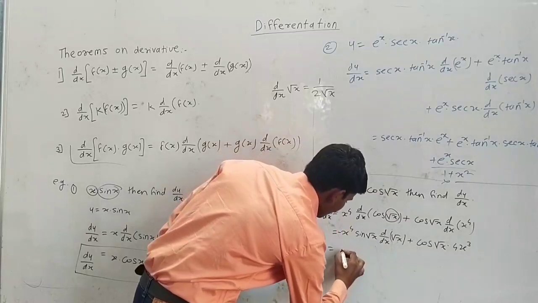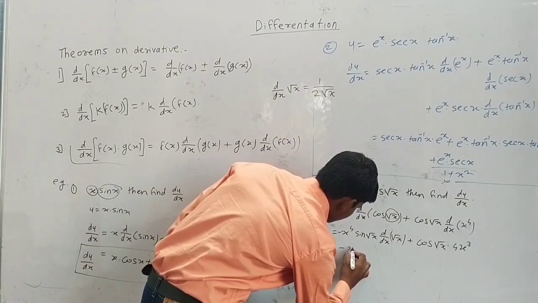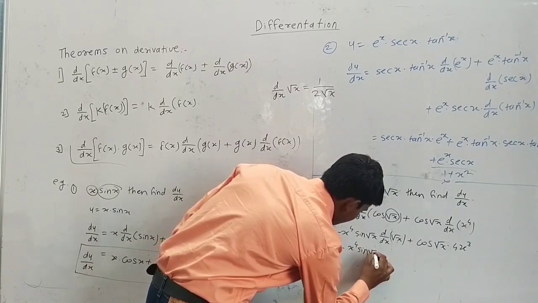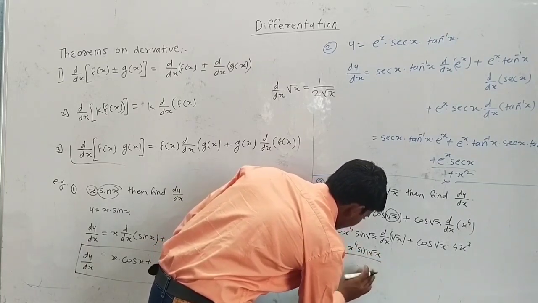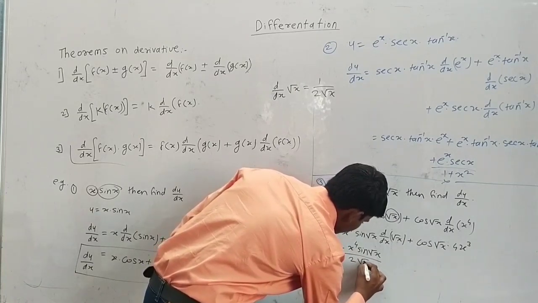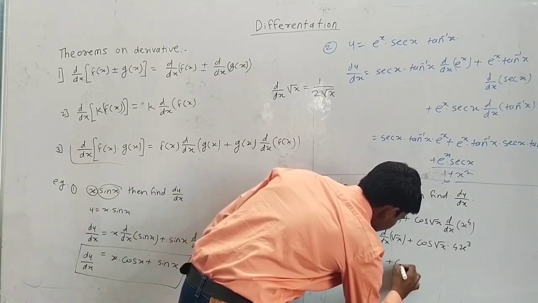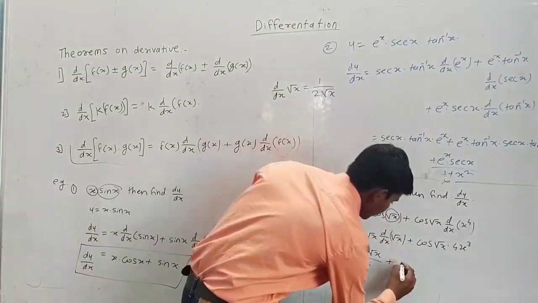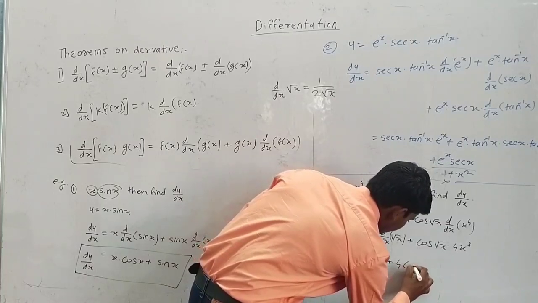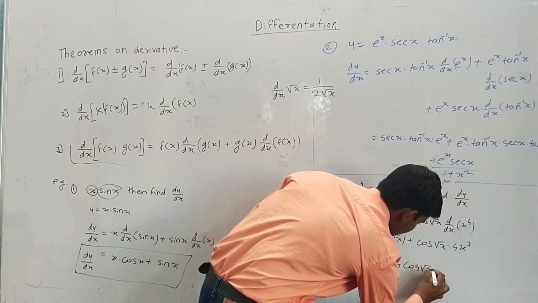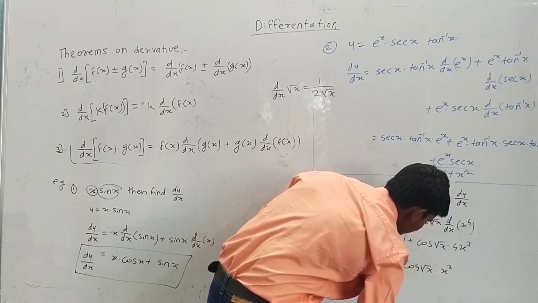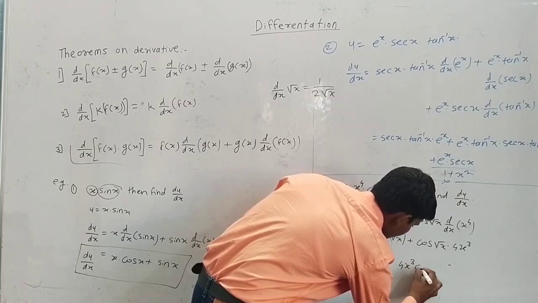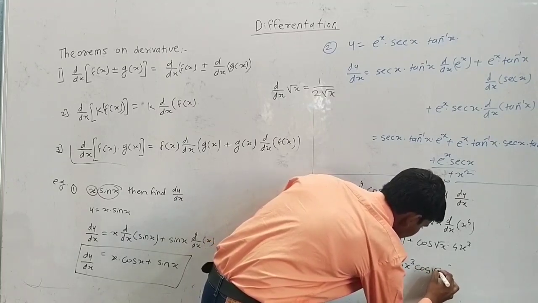So right here, minus x raised to 4 sin root x divided by 2 root x, plus cos, I write 4 before, 4 cos root x into x cube, or 4x cube cos root x.